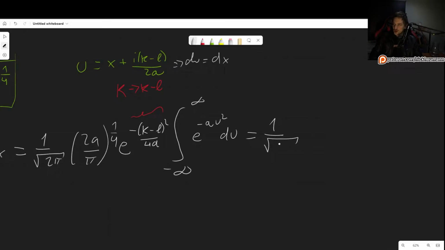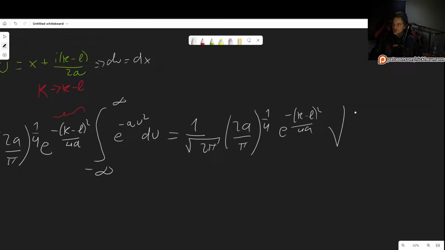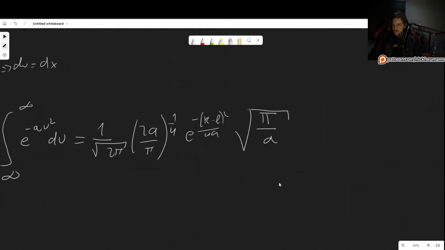So we know what result that has. I'm just going to copy this: e to the minus (k minus L) squared over 4a, and now the square root of pi over a. Okay. So here, this pi cancels out this pi right here.